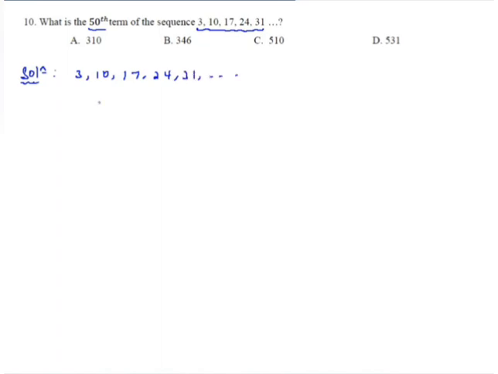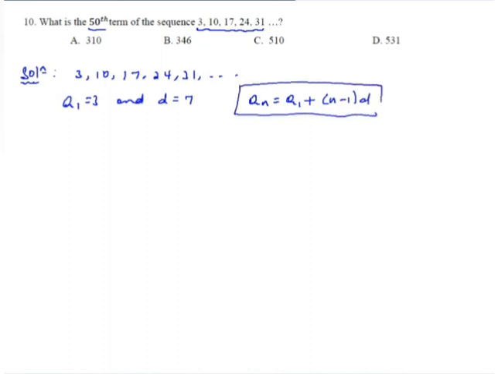If we see the pattern, the first term is 3 and the common difference, the difference between consecutive terms, is 7. So we use the nth term formula for an arithmetic sequence to determine any term of this sequence.